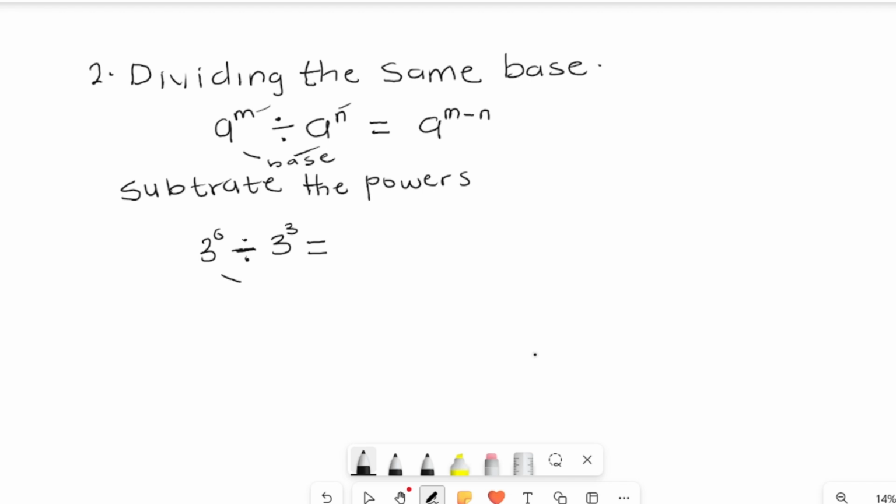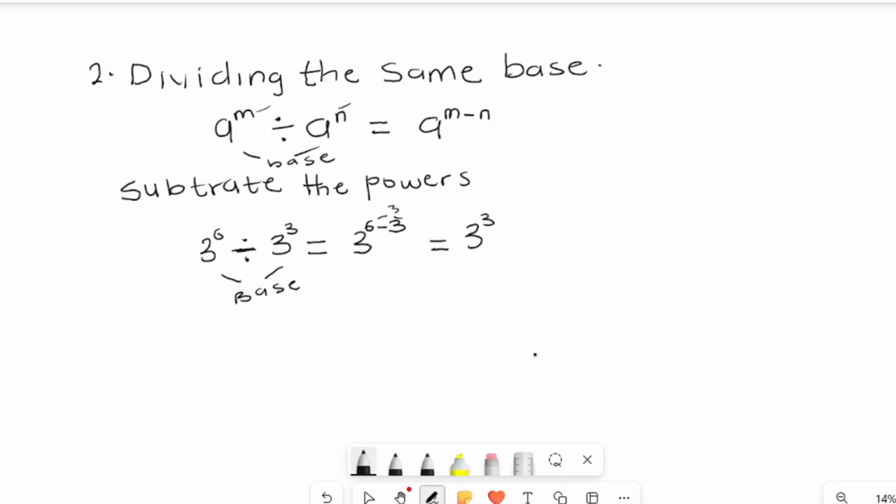If they have the same base, which is 3, we'll bring it out, 3. Then we check our sign. Since it's dividing, we simply subtract the powers, and the powers are 6 and 3. So it will now be base 3 raised to power 6 minus 3. And we'll be left with 3 raised to power 3.